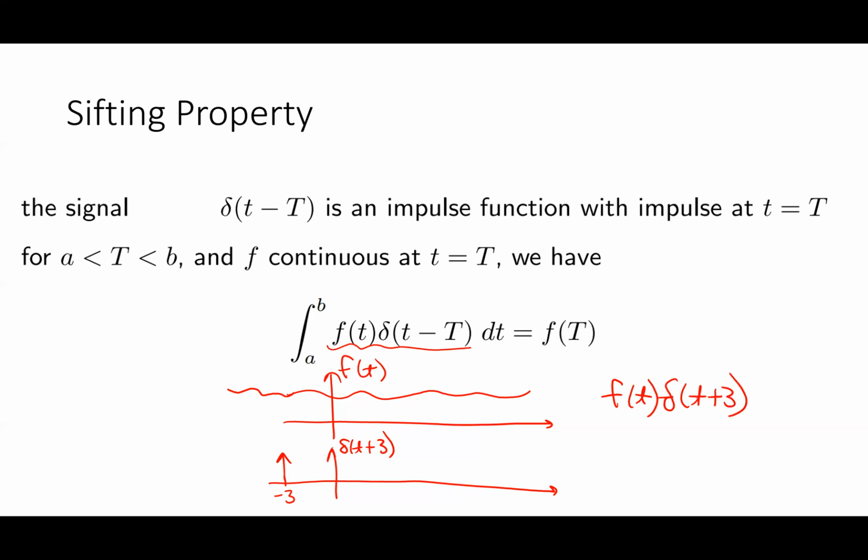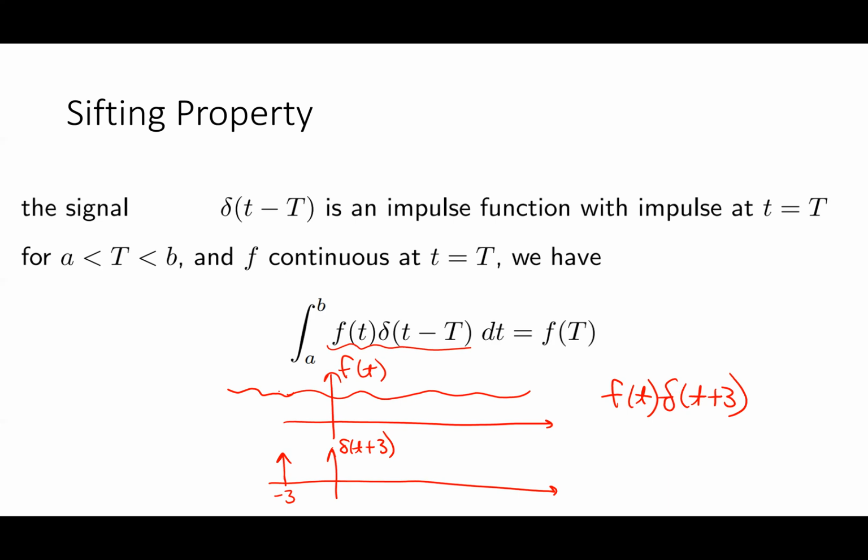What do you think that would do? What does it seem like that should do if I multiply these two functions together? This function is 0 everywhere except at t equal to -3. What do you think it's going to do?